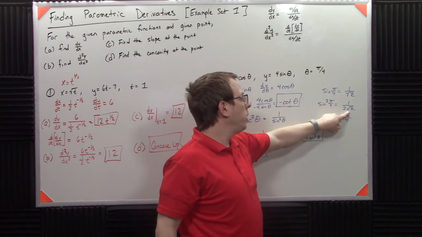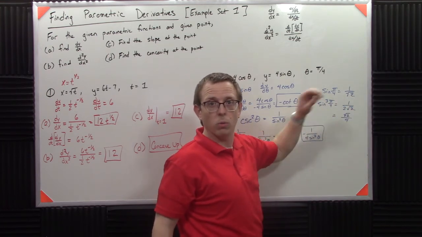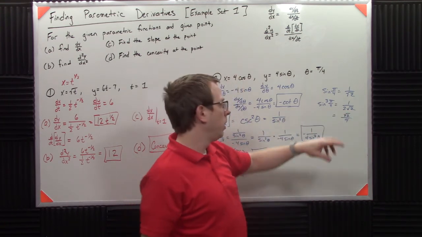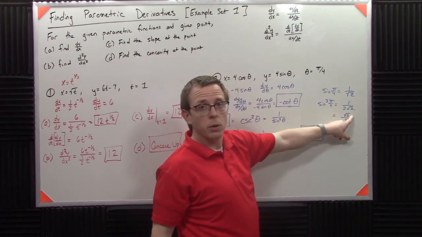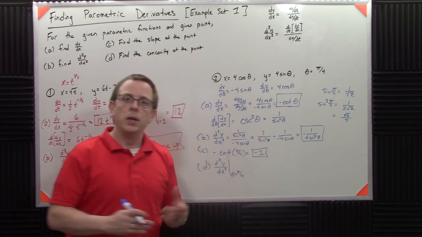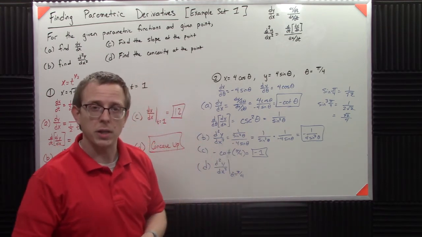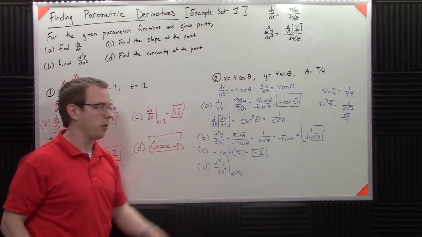If we cube it, we get 2 to the 3/2, which is 1 whole and a half, so that's the square root. And if I multiply both top and bottom by square root of 2, I get square root of 2 on top. This becomes a 2. 2 times 2 is 4. Hopefully you're familiar with that stuff. Obviously I didn't go through it in depth, but that's why we're not doing algebra, we're doing calculus.